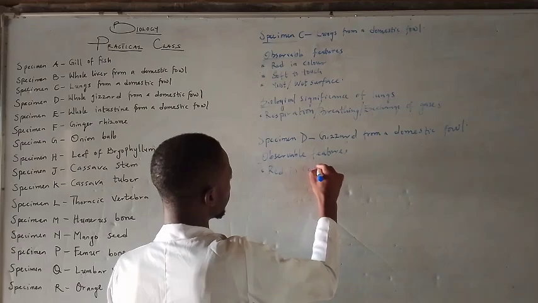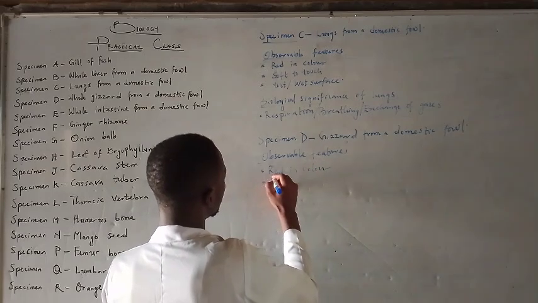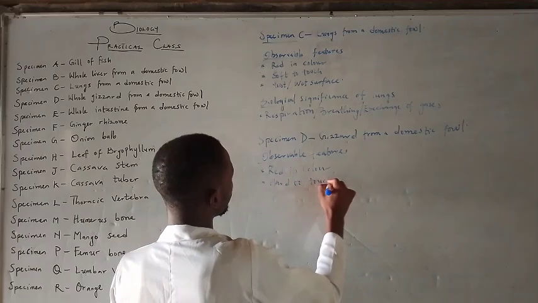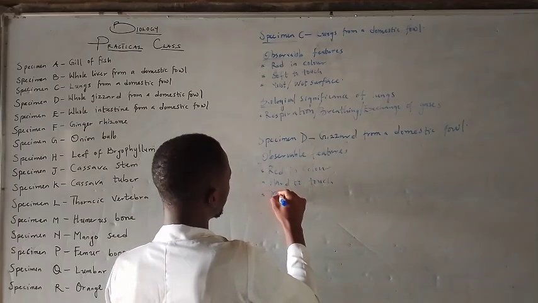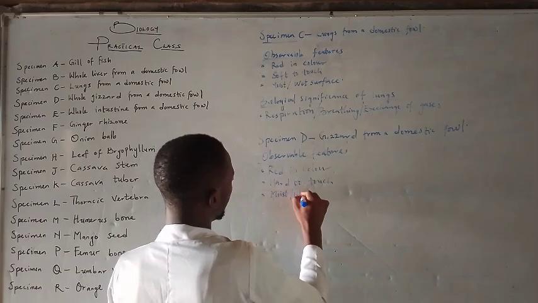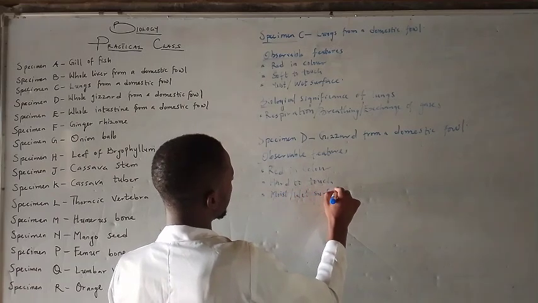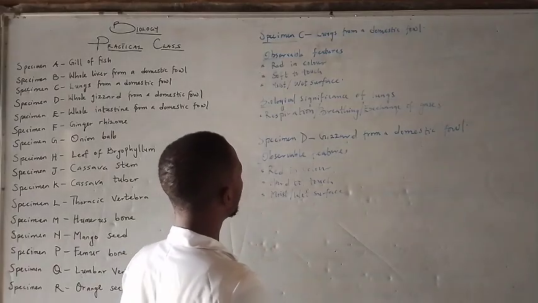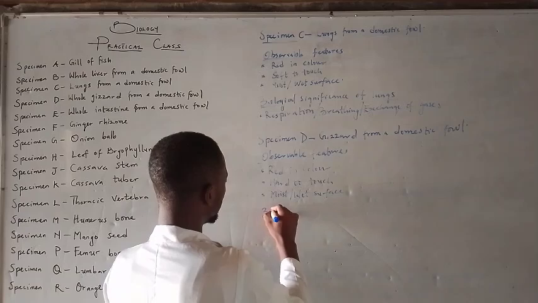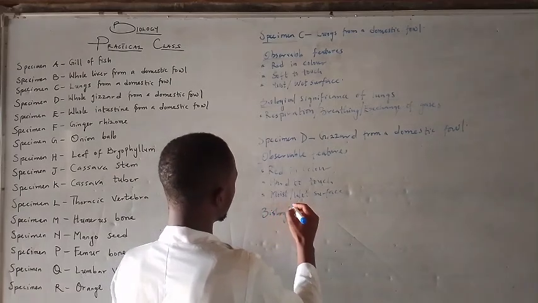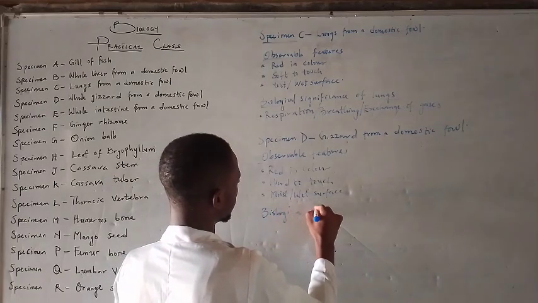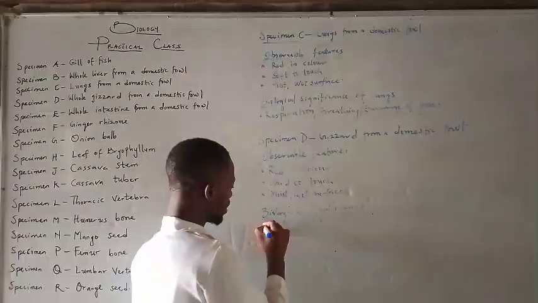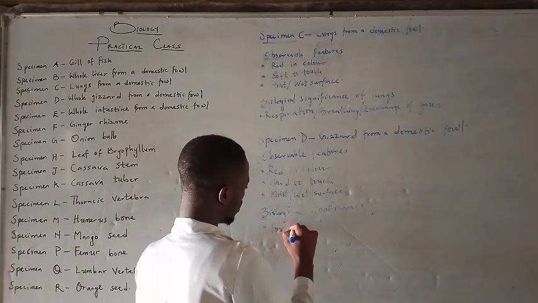This one is hard to touch, and has a moist or wet surface. Now, what is the biological significance? Grinding food.